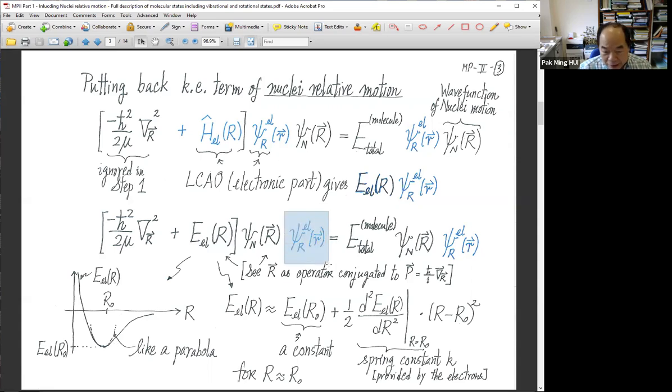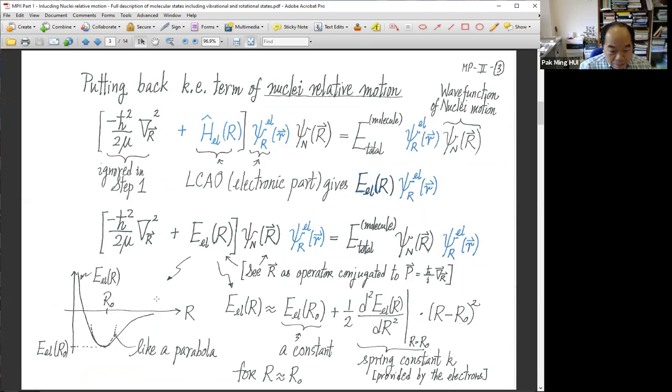Then I see this electron part standing alone, I cancel it off, then I have a nuclear part of the Schrödinger equation, okay?